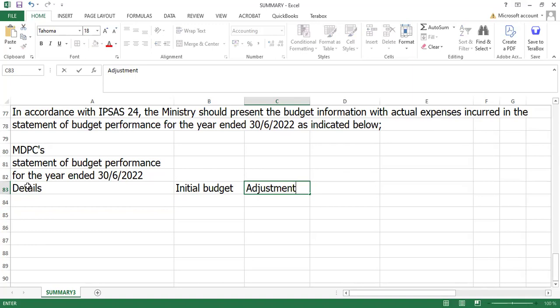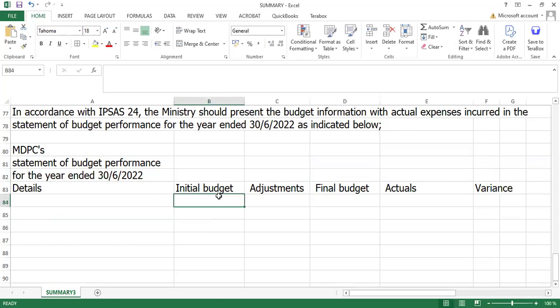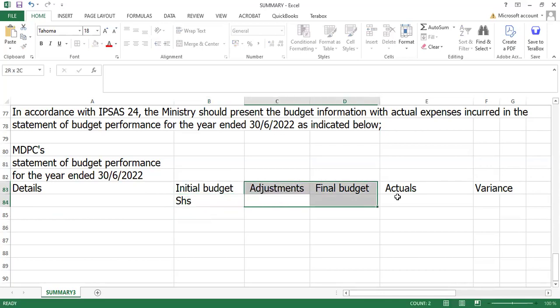Then you look at the final budget. Then look at the actuals. Then go ahead and look at the variance. Okay, so we are doing all this in shillings.